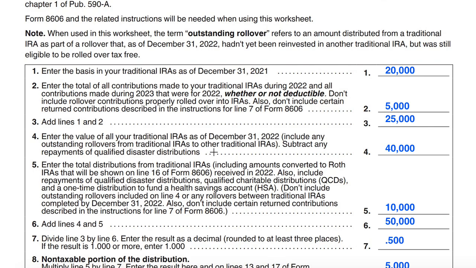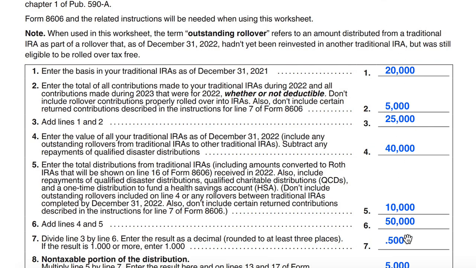So basically, we have $10,000. This was reported on John Doe's 1099-R. So in this case, we'll add up lines 4 and 5, and we come up with $50,000.